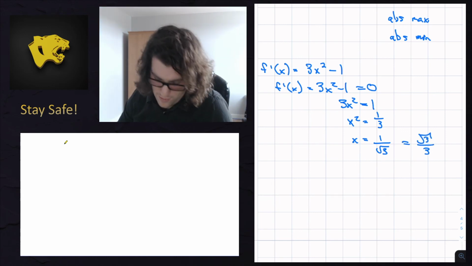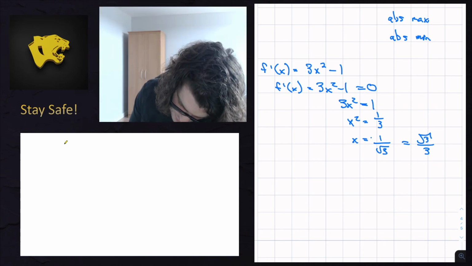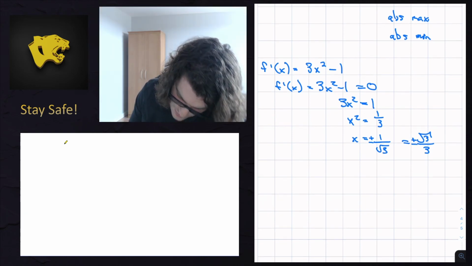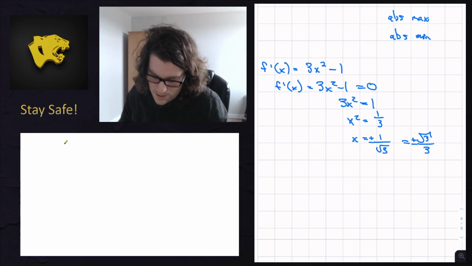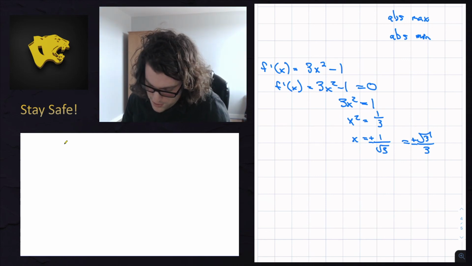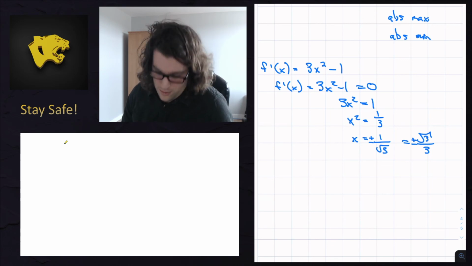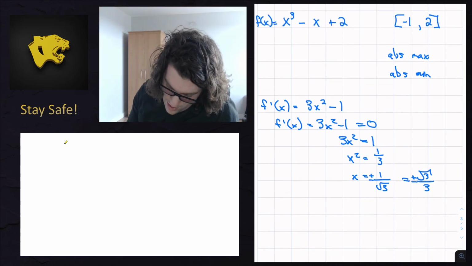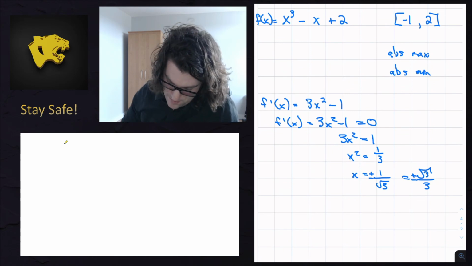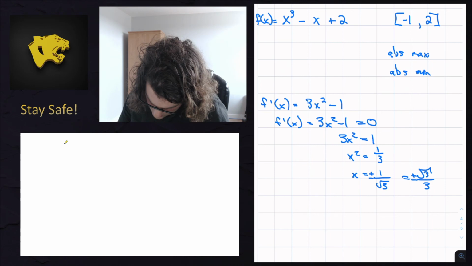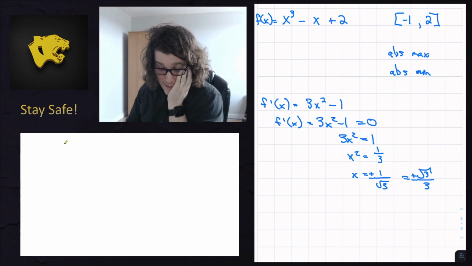I should have put in plus or minus, and I will fix that. I took the square root of x squared, so it could have been positive times positive or negative times a negative. Either one of those answers would be fine. Okay. So my domain was from -1 to +1, so actually both of those numbers are going to be okay.